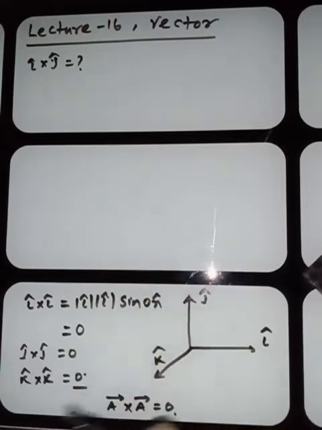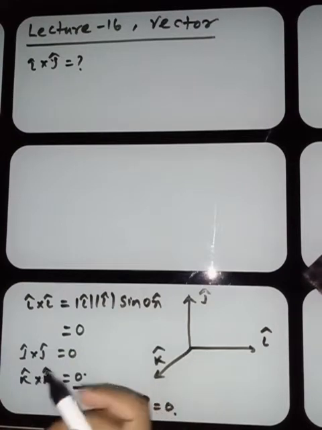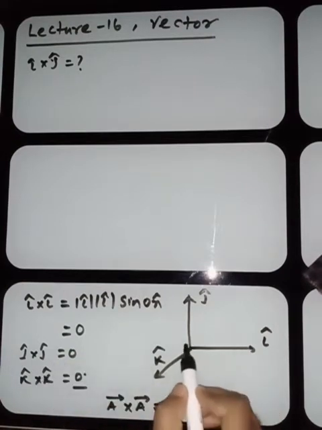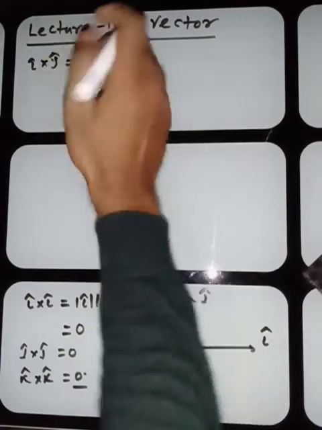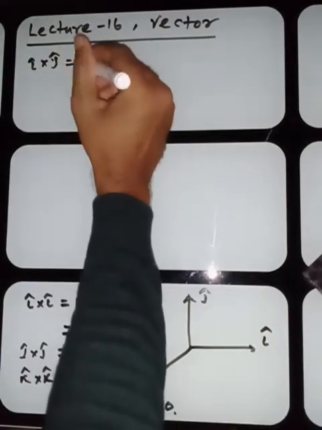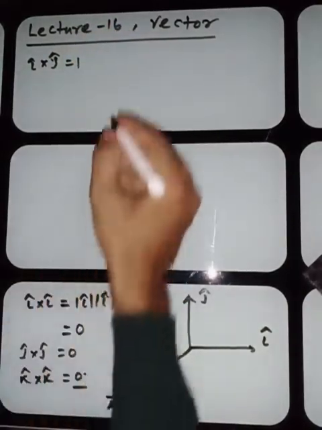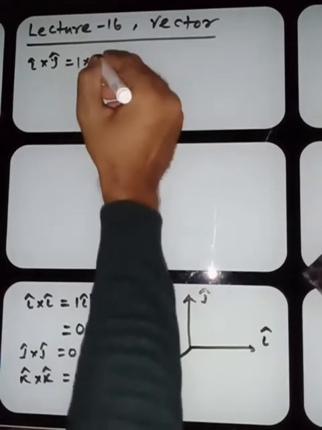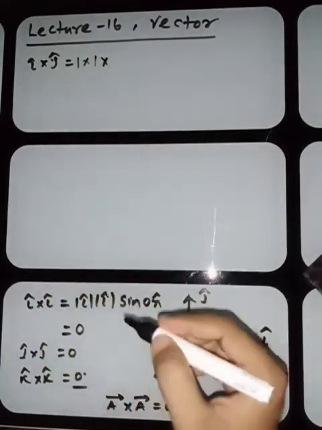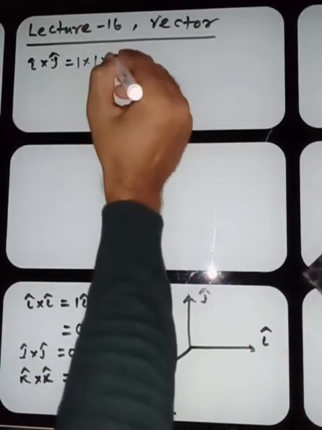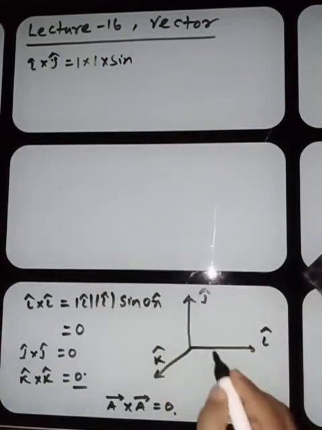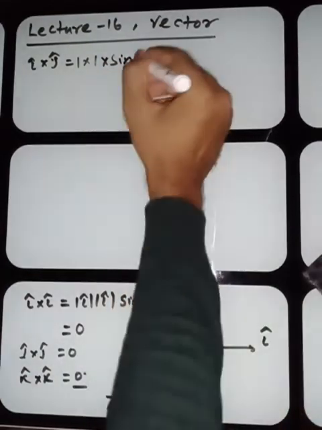Here again you have to apply the same thing. So i cross j will be mod of i, which is 1, into mod of j, again 1, times sine of the angle. What will be the angle between i and j? It is 90 degrees.